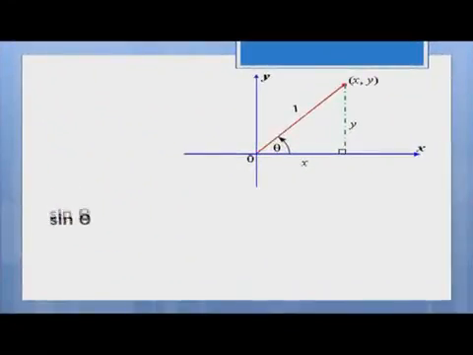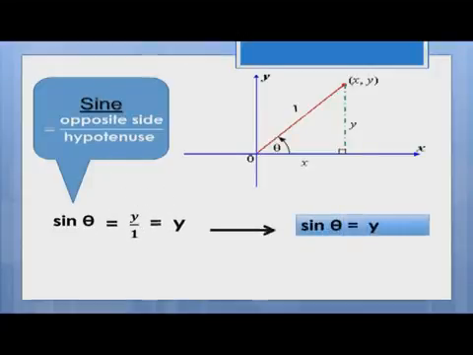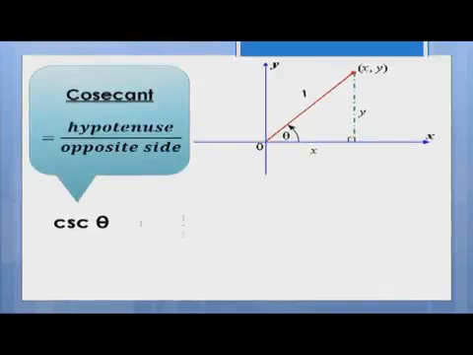Sine theta is defined to be the opposite side over the hypotenuse. The opposite side is y over 1, which is the hypotenuse. Then sine theta is equal to y. How about the cosecant? Cosecant theta is defined to be the hypotenuse over the opposite side.